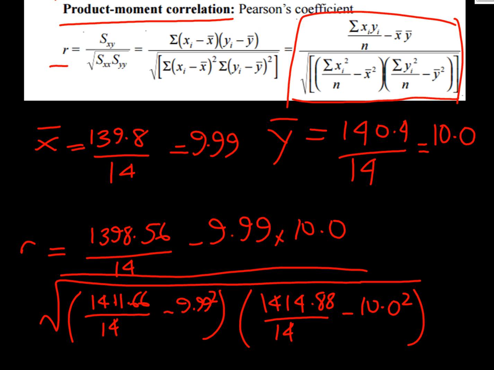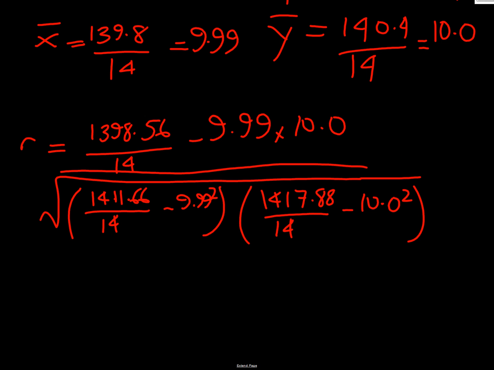It's 1141.7 rather than 1147.88, so let's just correct that. There we go. So that's the calculation, and if we put that into our calculator, we get minus 0.276. So that's our R value. That's our first part of the question.